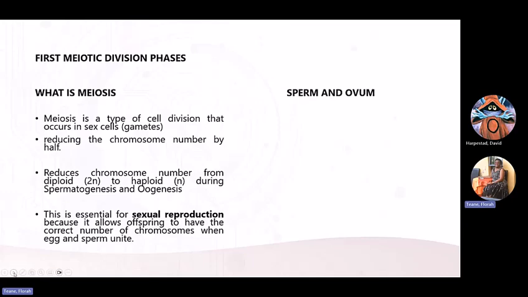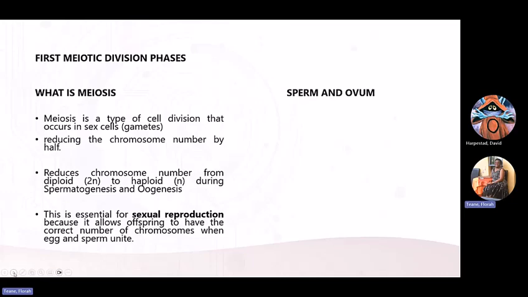But in this case, we are talking about meiosis. It is a cell division that takes place in sex cells or gametes. When I talk about sex cells in human beings, I refer to a sperm and an ovum.